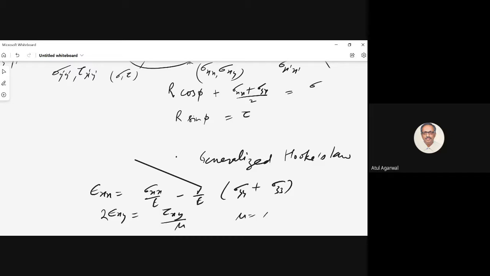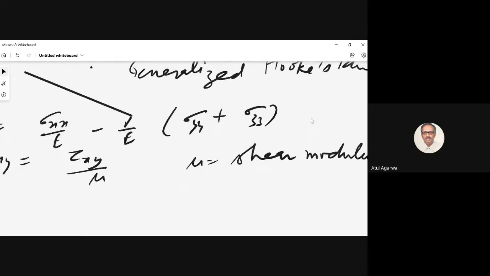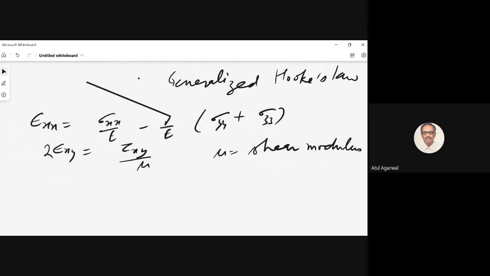Mu is the shear modulus. And also the shear modulus has an expression in terms of E and nu, where nu is the Poisson's ratio. Okay.